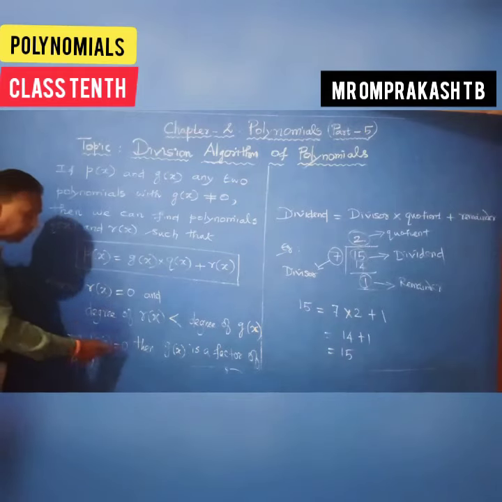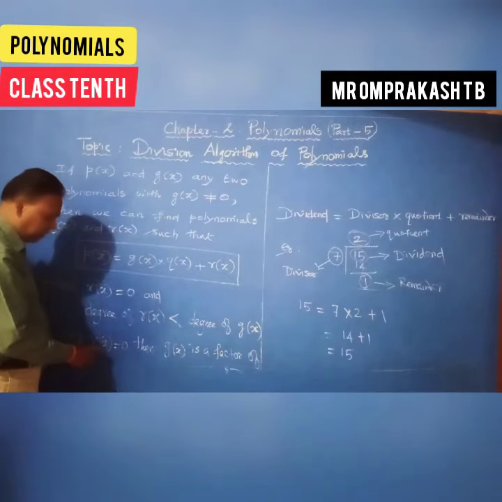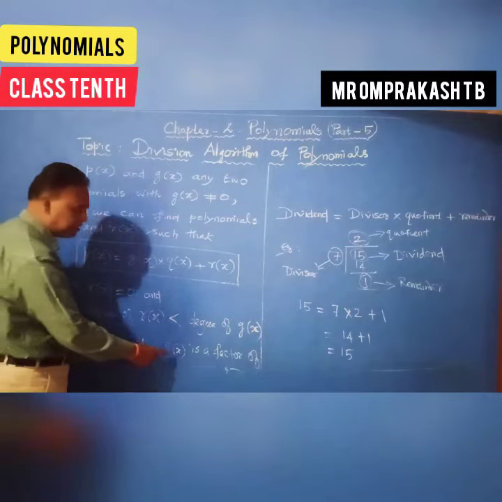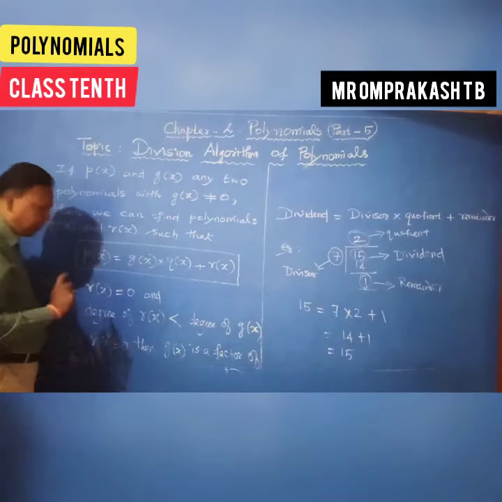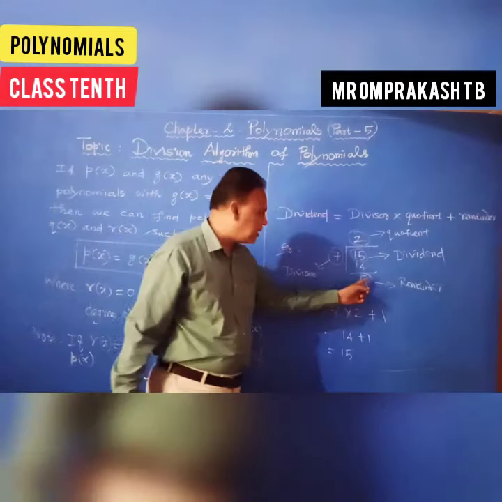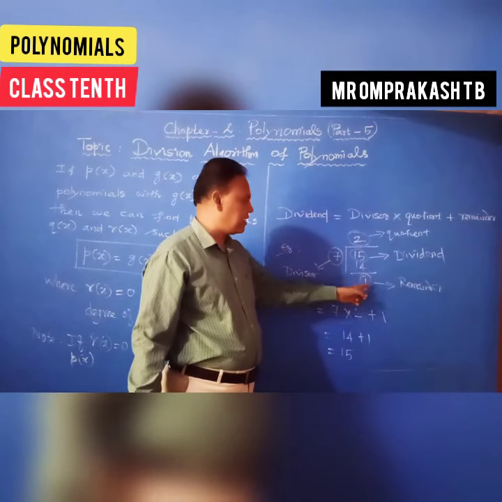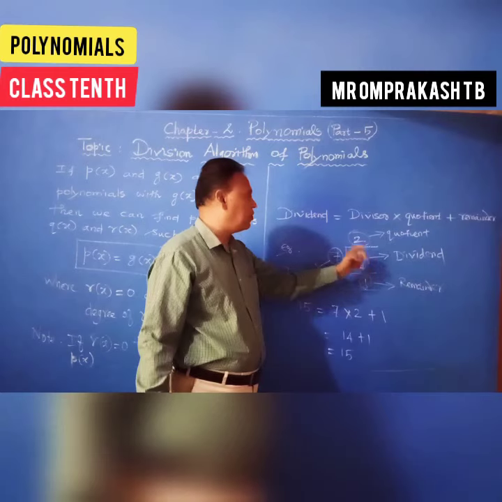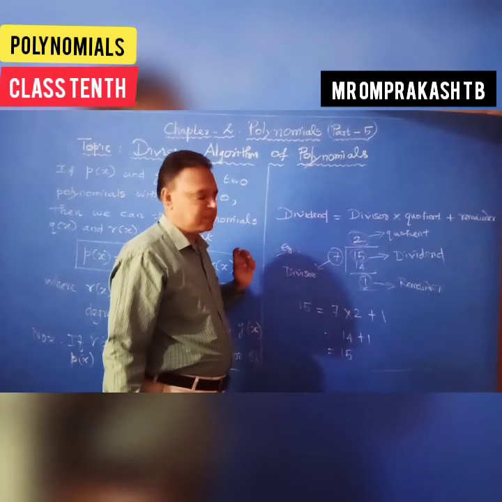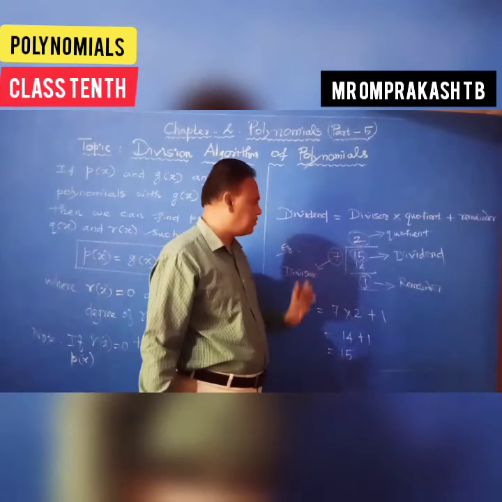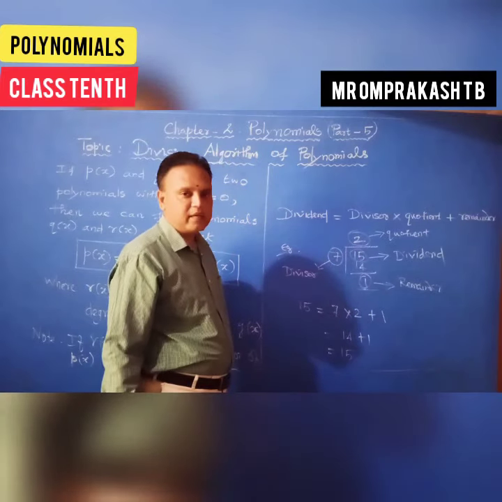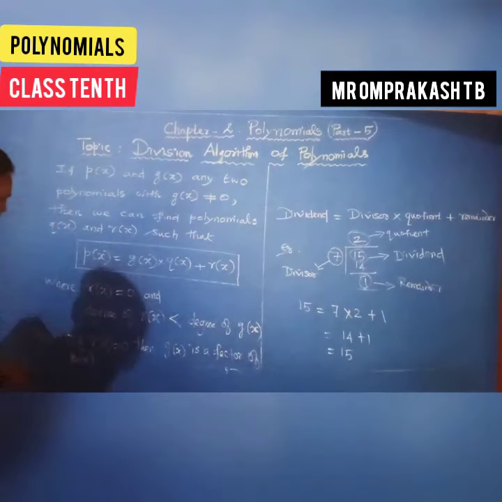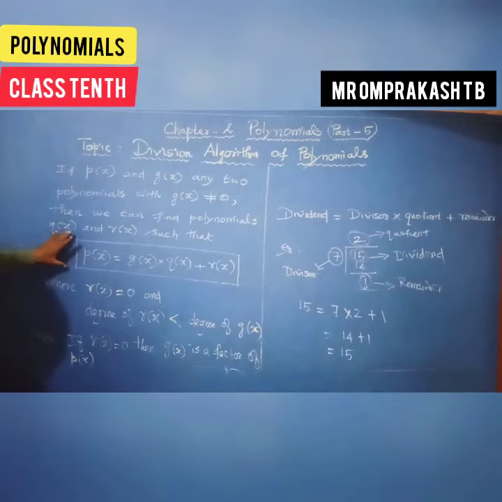If r of x is 0, then g of x is a factor of p of x. Sometimes you will get an exact division, remainder 0, which means the divisor is a factor of the dividend. So this is called the division algorithm of polynomials.